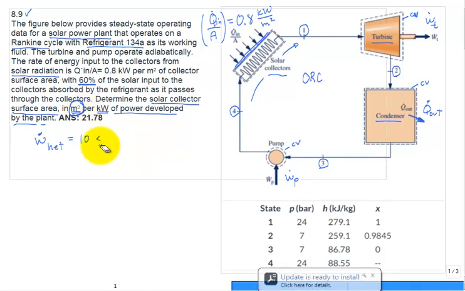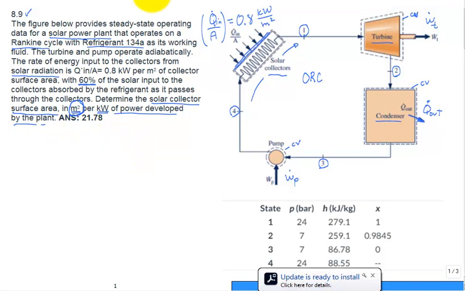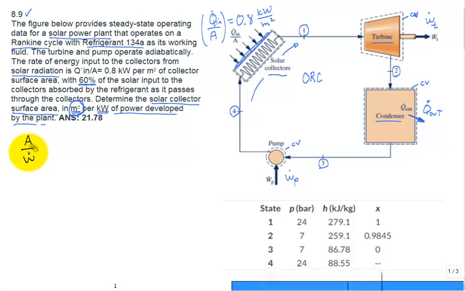So what we're asked to find is a little different than what we're accustomed to. It would be the area per W dot net. That's what we're asked to find. So this would have units of meters squared per kilowatt. Kind of a funny unit there. So how are we going to solve for it?